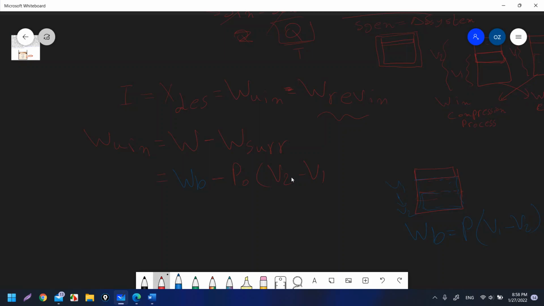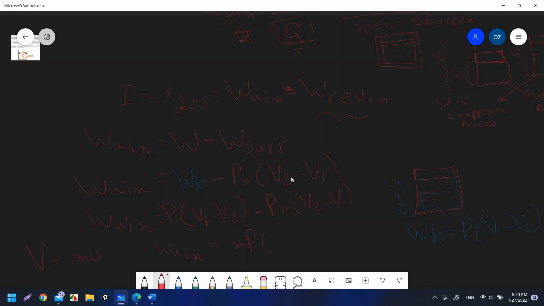So the useful work in will equal P times V1 minus V2 minus P naught times V2 minus V1. But as you can see, V is the capital V. It is the volume in meter cubed. But we have the specific volume. Fortunately, we have the mass. So we can say that the volume in meter cubed is equal to mass times the specific volume. So this equation, we can write it like this.